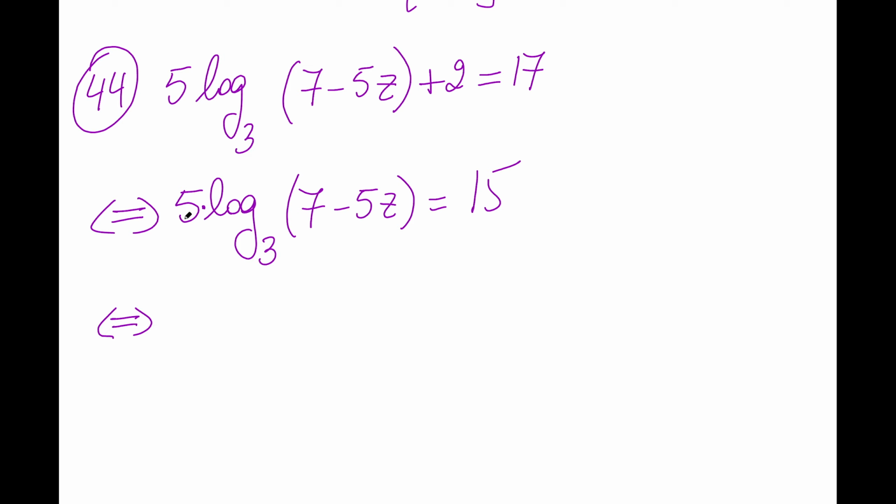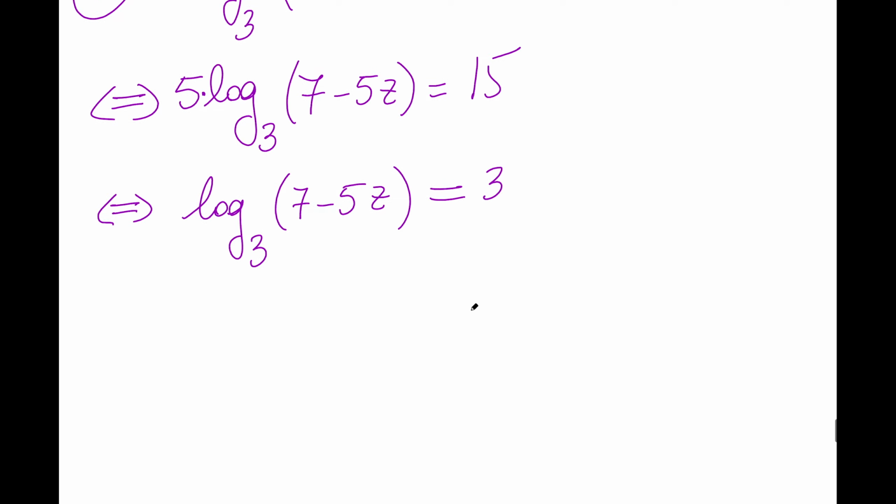And such a thing as dividing by 5. If you divide by 5, you get log base 3 of 7 minus 5z is equal to, dividing by 5 forces this to disappear. Dividing here by 5 is 3, right? Okay. Don't forget, I'm after z. I'm undoing all the actions that are done on z.